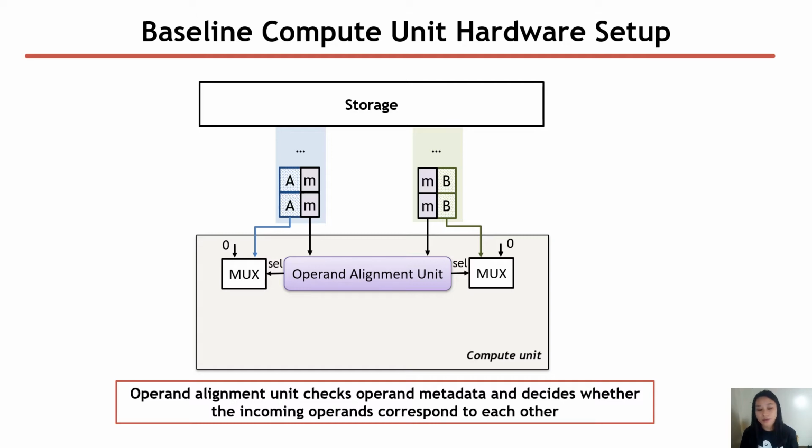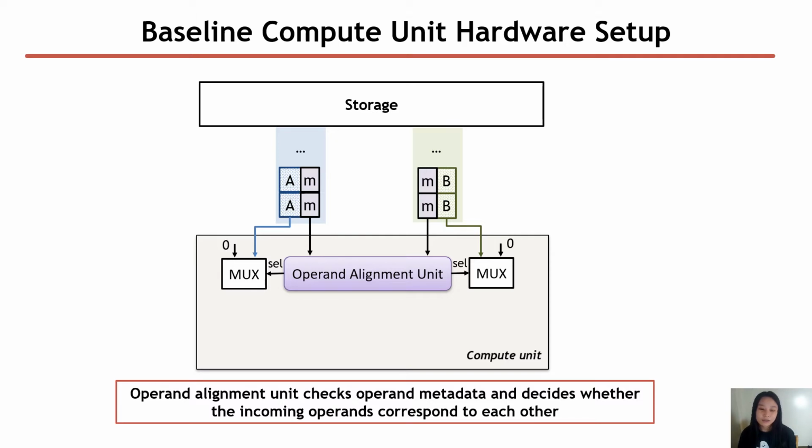First is an operand alignment unit, which checks whether the operands it receives correspond to each other. Basically, it will take in the metadata, if there is any, for each operand. It will check, according to the problem specification, whether these two metadata correspond to each other.